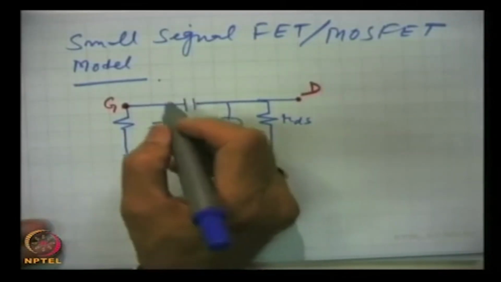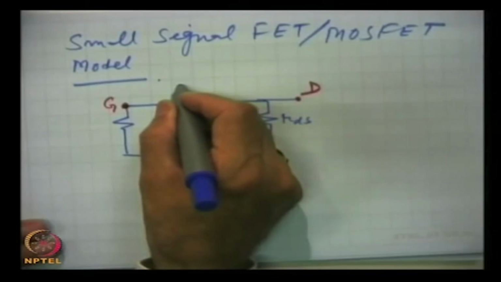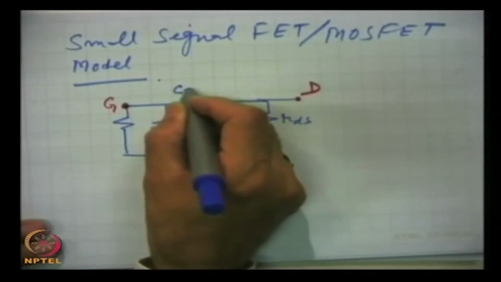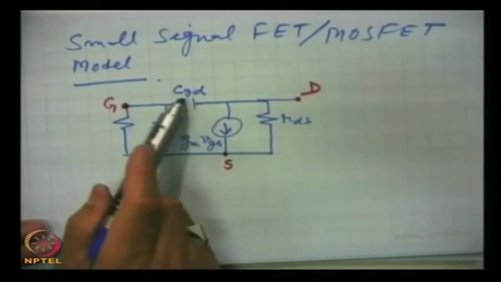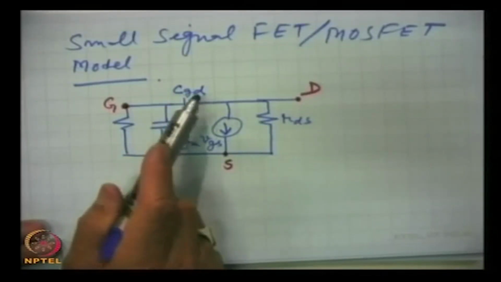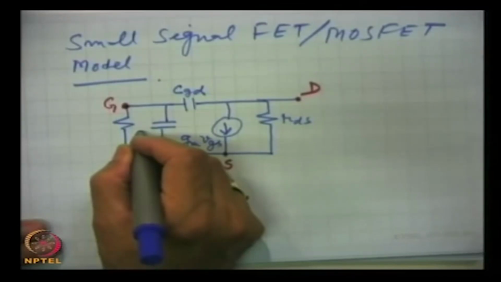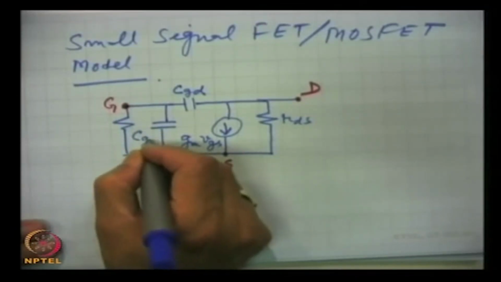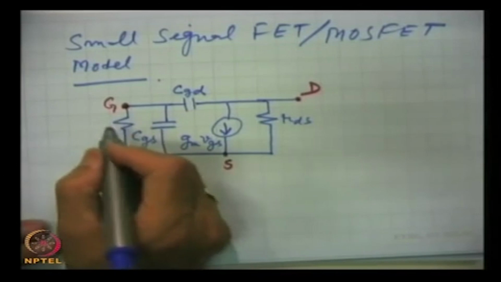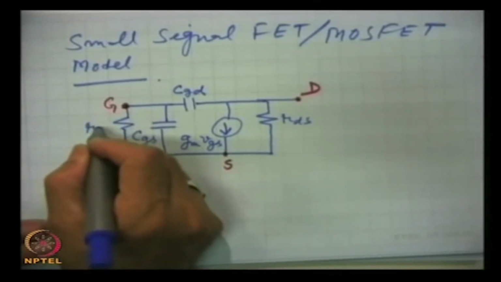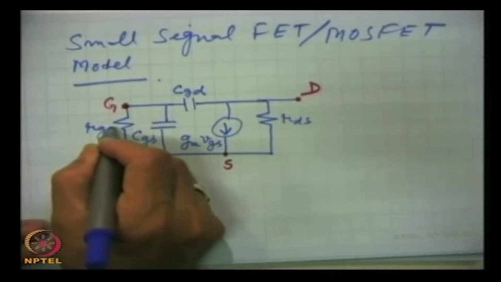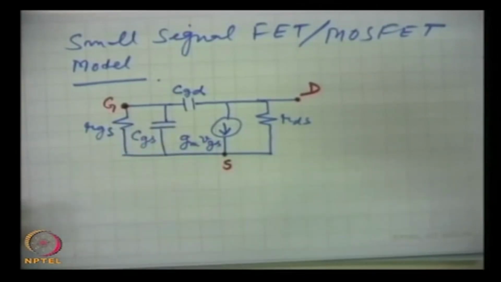This is the capacitance between gate and drain, this is the capacitance between gate and source, and this is the resistance between gate and source. This is the exact model, but we can simplify.